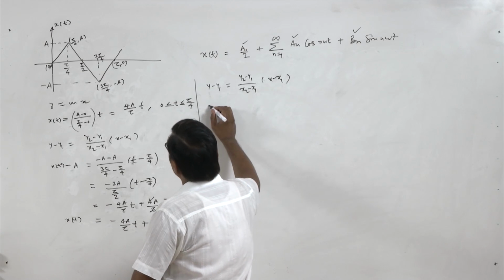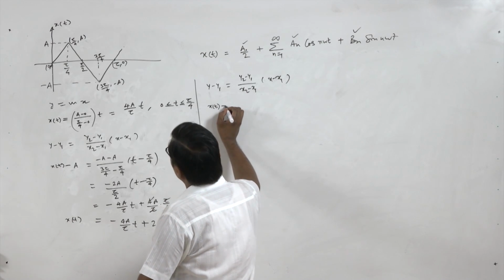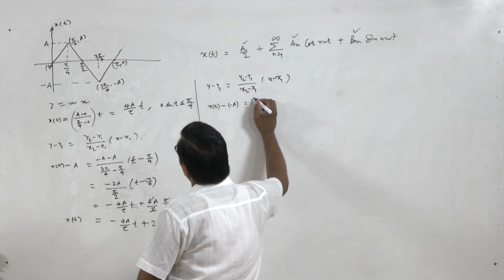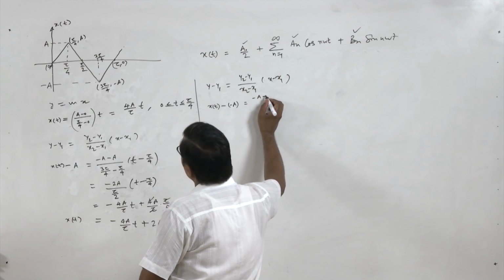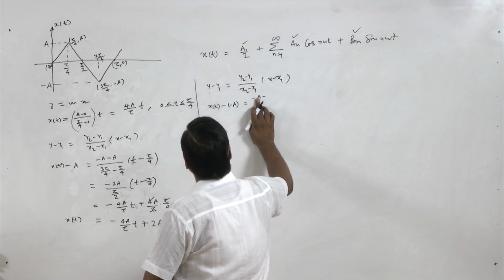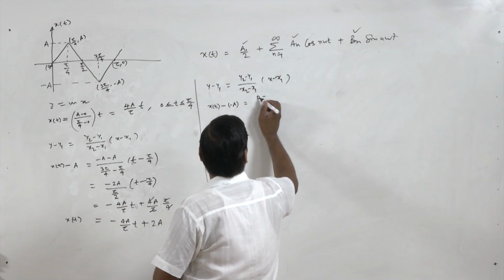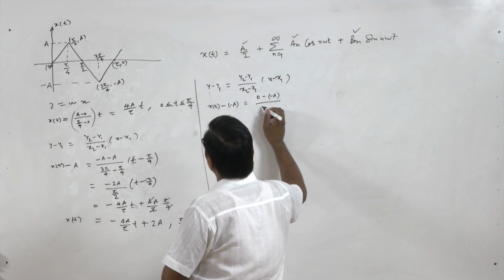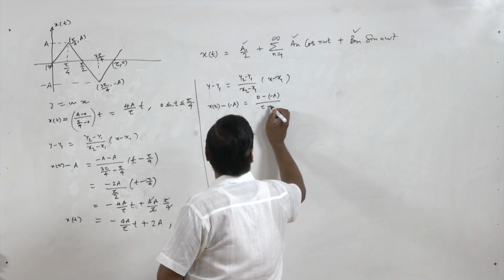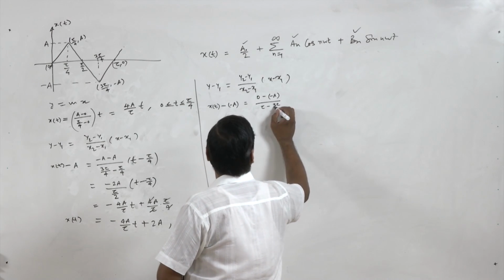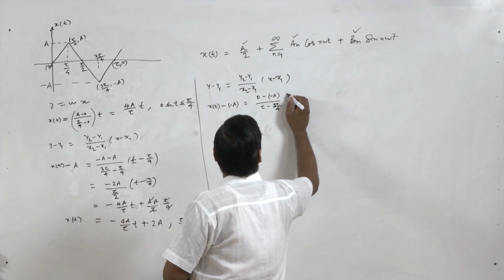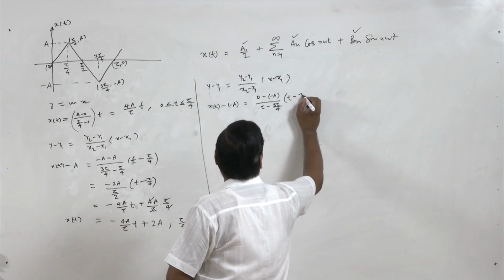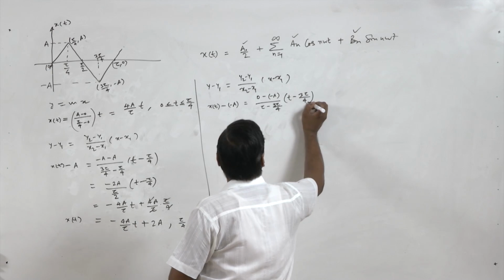So here y is x(t), y1 is minus a, y2 is 0, so 0 minus y1, so it is minus a upon x2, which is tau, minus x1, which is 3 tau by 4, times t minus x1, which is 3 tau by 4.